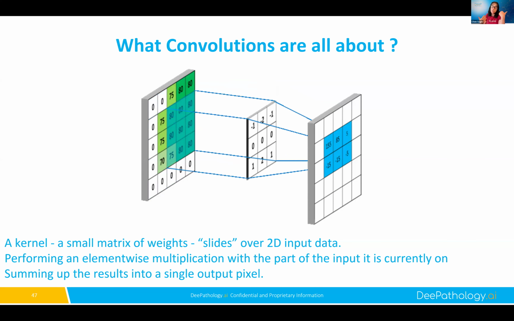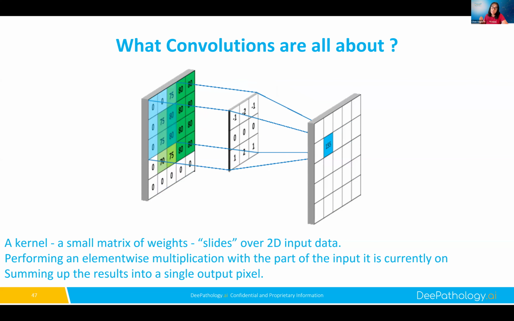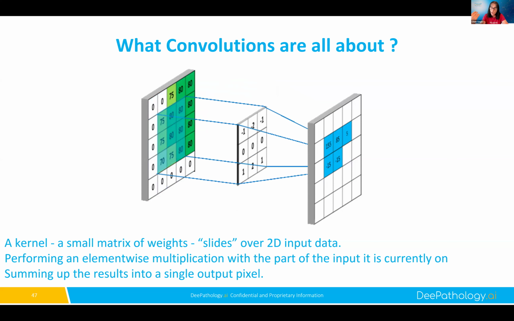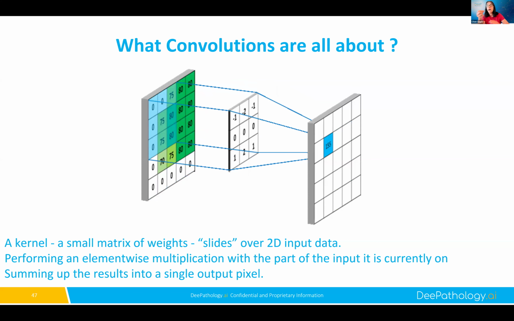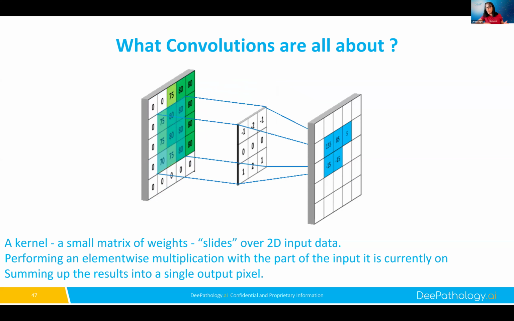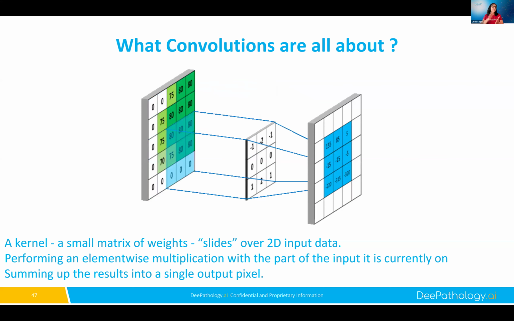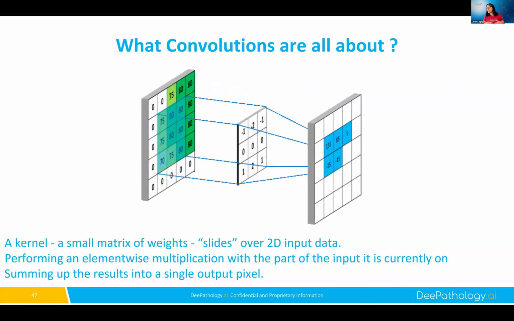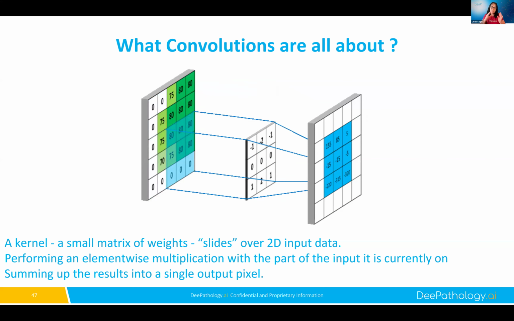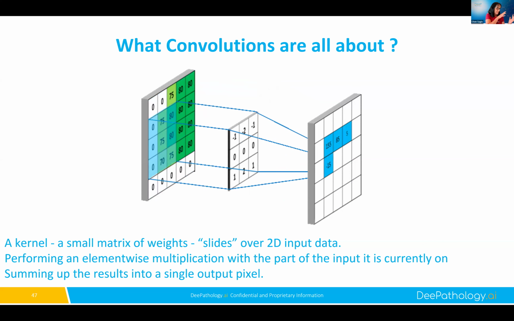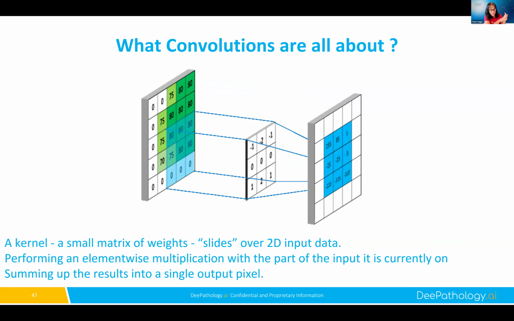And this means we are creating some kind of feature extractor, because we ask ourselves how much of this feature, that can be an edge, that can be smooth, that can be a circle, exists in a specific part of the image.